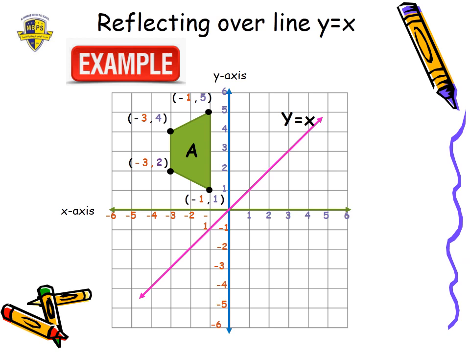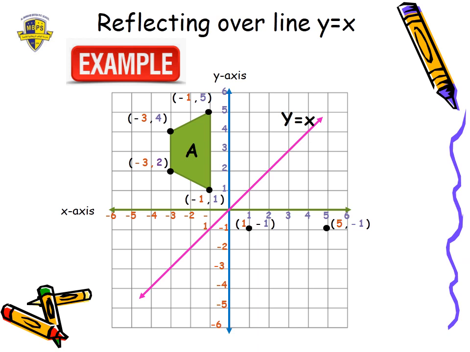So we put (1, -1). Now the second point, (-1, 5). When we reflect it, it will be 5 because y becomes the x. It will be (5, -1). So plot (5, -1).